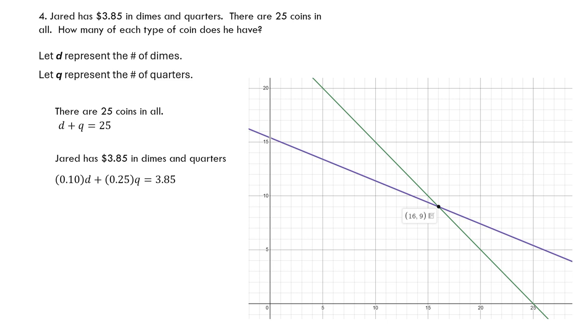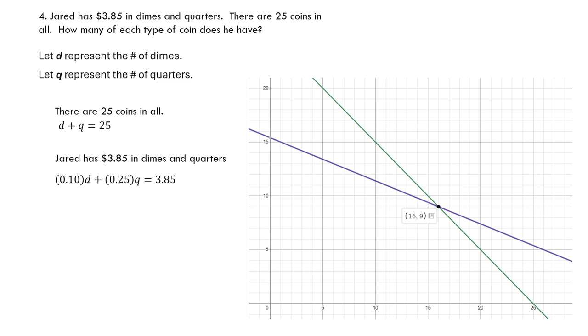Now dimes are worth 10 cents and quarters are worth 25 cents. So these dimes and quarters have to add up to a value of $3.85. So we can write 0.10 D plus 0.25 Q equals 3.85.